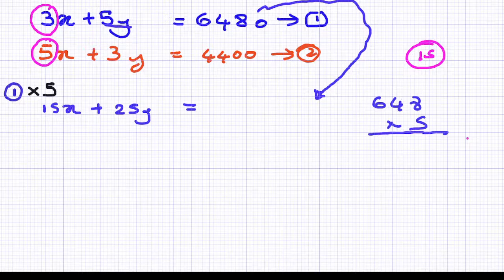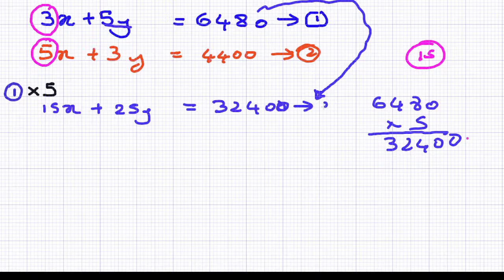So let's see what 648 times 5 is. It's 3240. It's 6480, so an extra 0. That's 32,400. All right, that's my third equation.